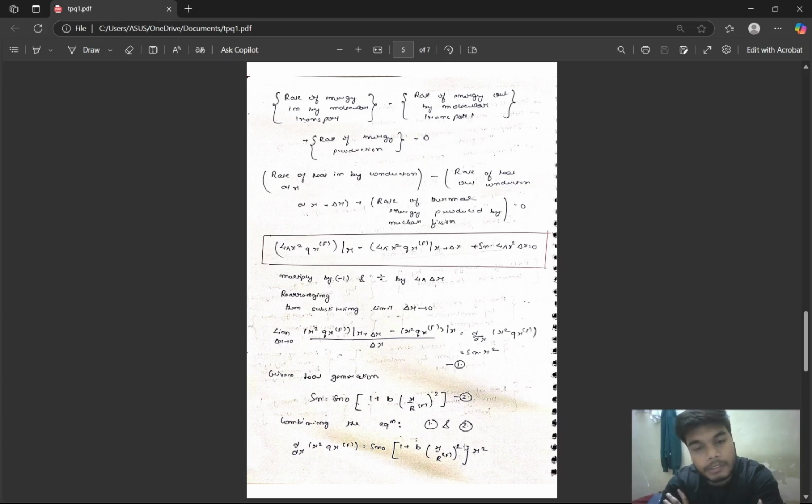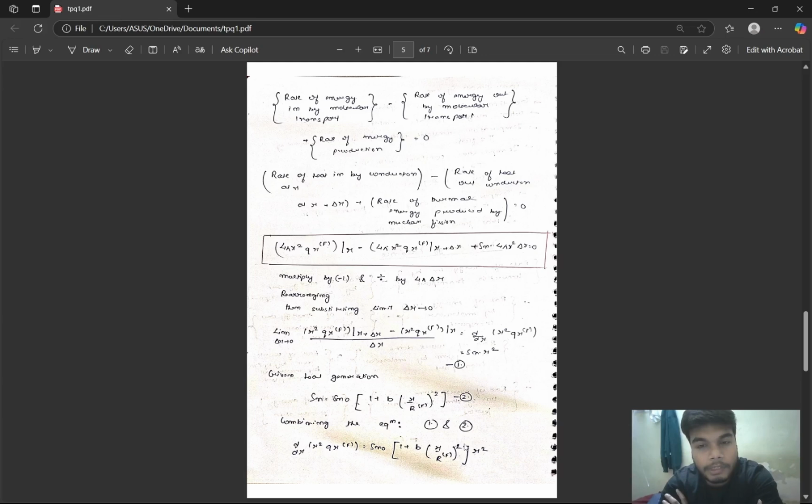The flux is denoted by q and area is given by 4 pi r square here. The first term will be 4 pi r square into q_r of F at r. The second term, rate of heat out due to conduction at r plus delta r, will be minus 4 pi r square q_r of F at r plus delta r.